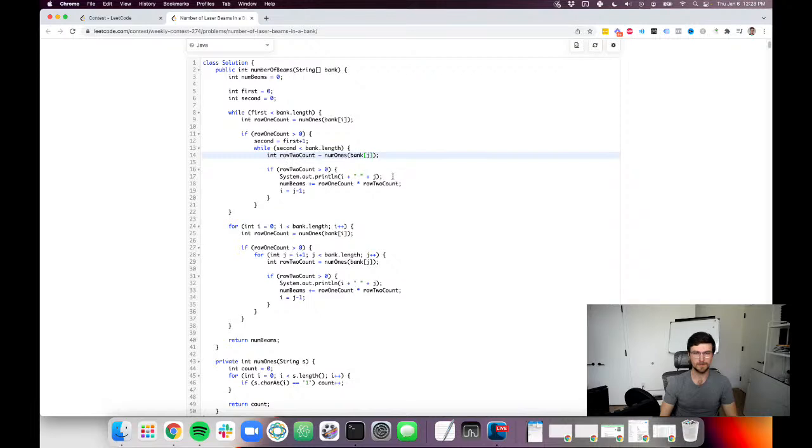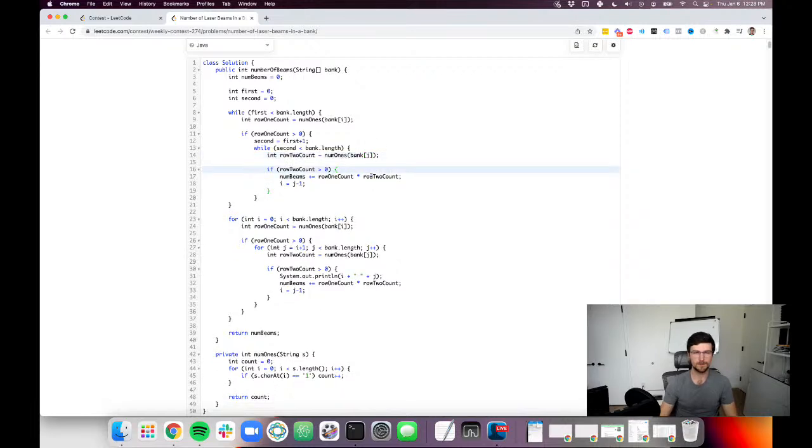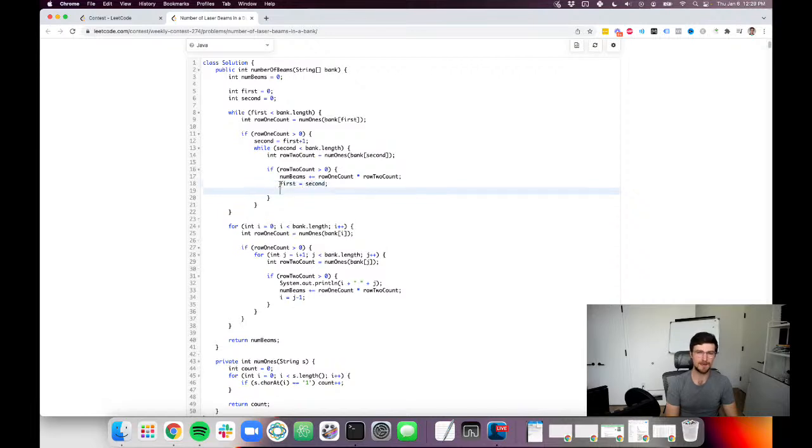So if it's equal, we do this, and then we can basically do first equals second, and then break out of this inner while loop.